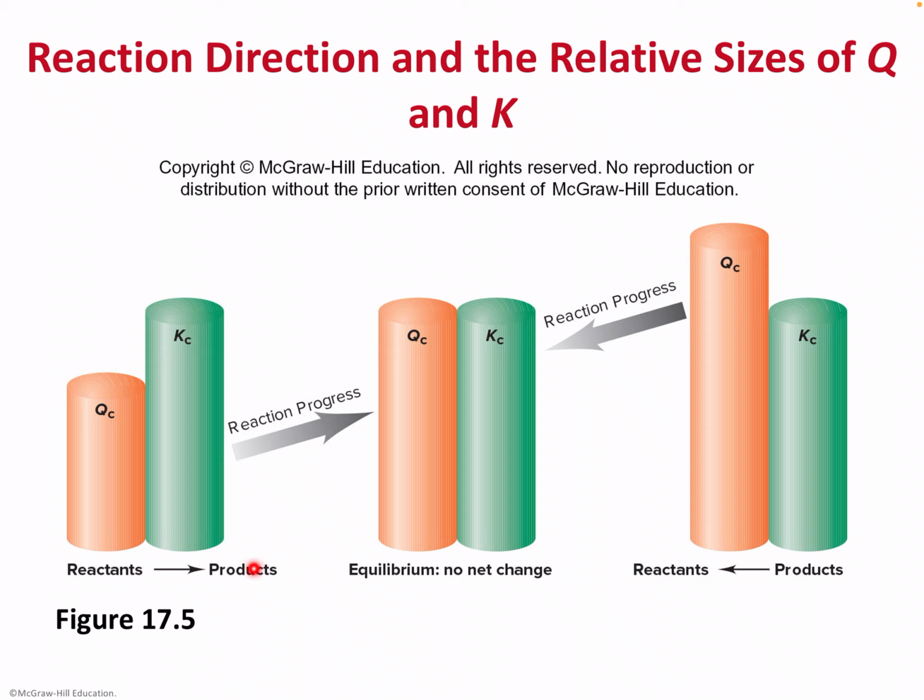As it forms more products, Qc and Kc will become equal, no net change. Let's say you have a condition where Qc is greater than Kc. Then the products will turn to reactants. So the reverse reaction will take place until it reaches equilibrium where Qc and Kc become equal.